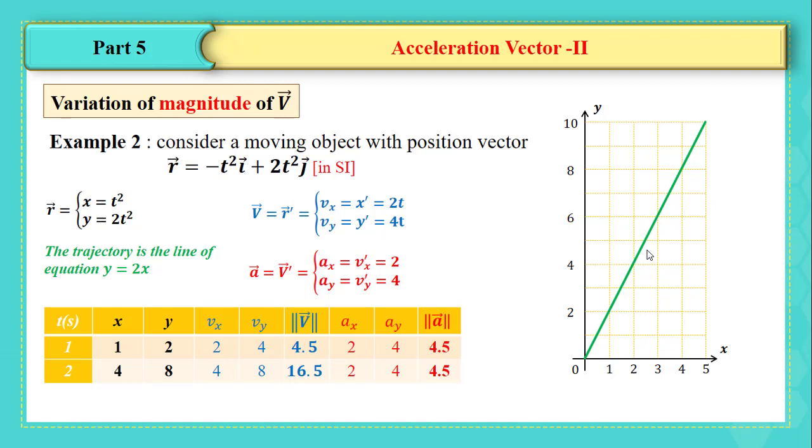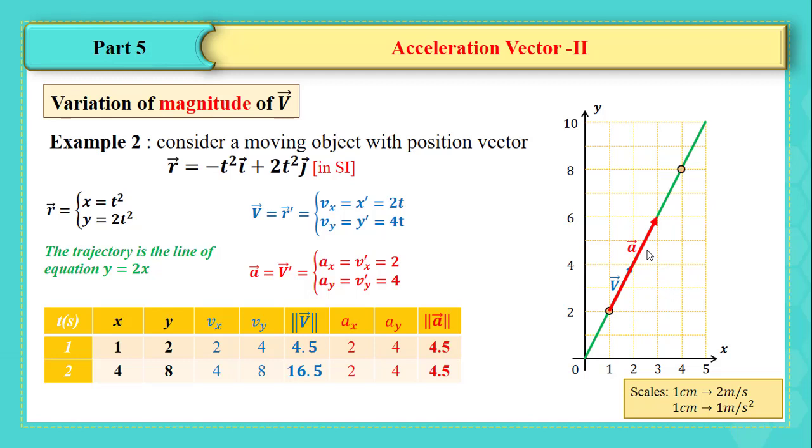Now we find the magnitude of the velocity and the acceleration vectors at 2 different instants, which are 1 and 2 seconds. Now we are going to draw the velocity and the acceleration vectors at these 2 instants using the following scale. We note that the velocity vector is the addition of vx and vy vectors. V is tangent to the trajectory, as you can see. The acceleration vector is also the addition of ax and ay, and in this case, the acceleration vector is also tangent to the trajectory.